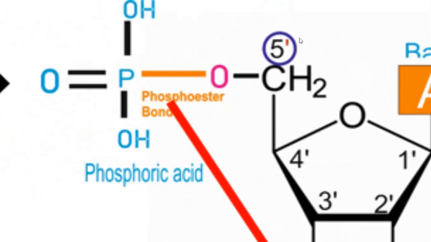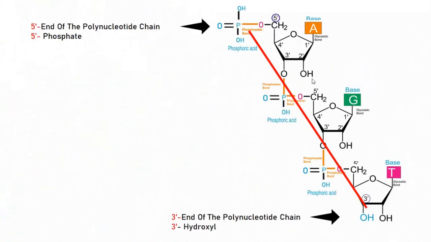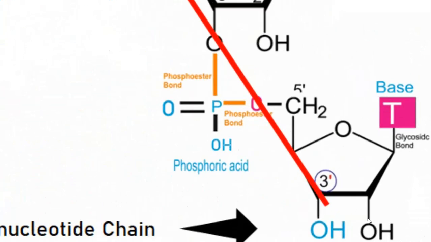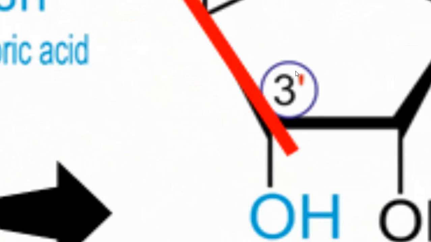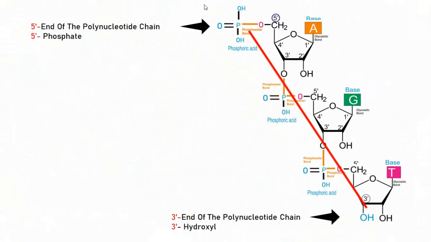Towards which side is it present? Towards the 5' side. And on the other side, the free OH group is present, which is linked to the 3' position of the carbon. So these are the two terminals of the polynucleotide.